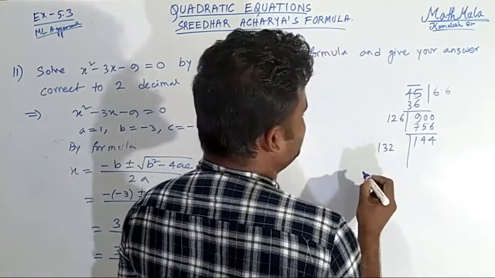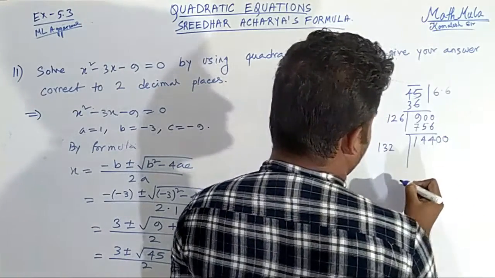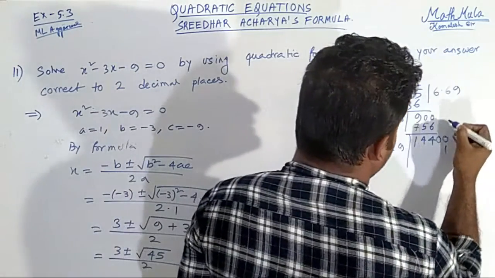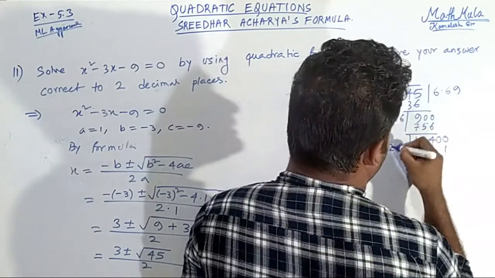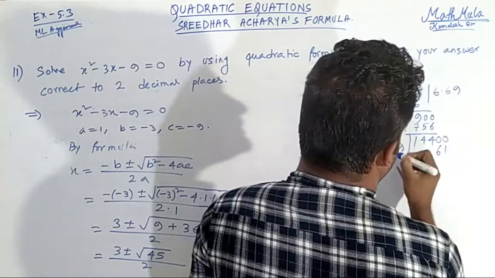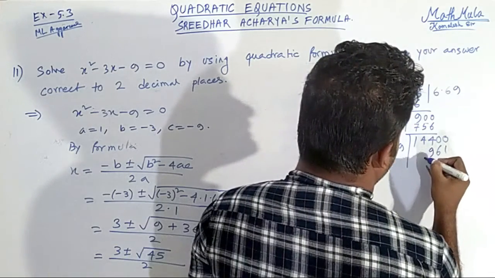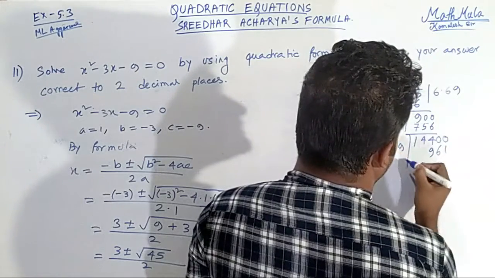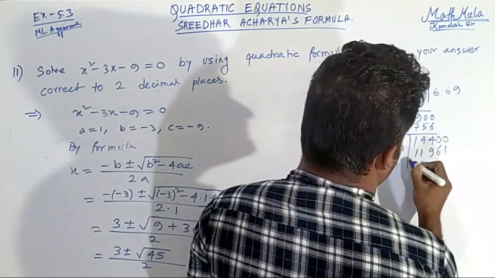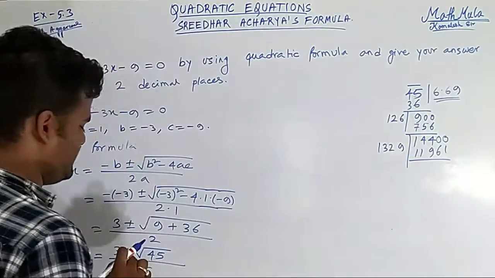Double of 66 is 132, and for void we get 2 zeros. 9 9s are 81, carry 8, 9 2s are 18, 18 and 8, 26, carry 2, 9 3s are 27, and 2, 29, again carry 2, 9 1 is 9, plus 2, that is 11. Now we get two decimal places of the square root, so we put this number in there.